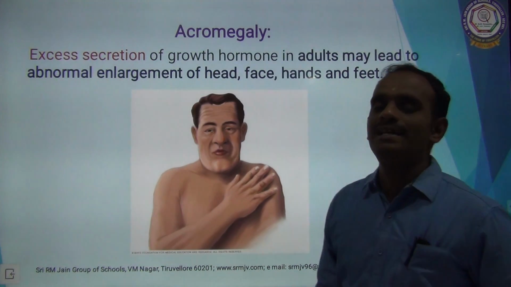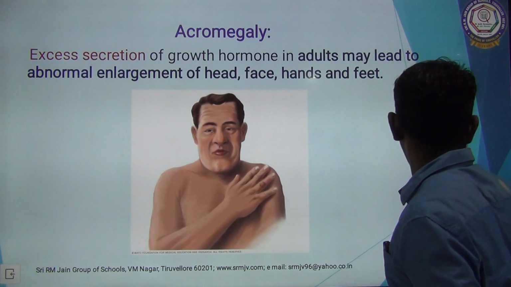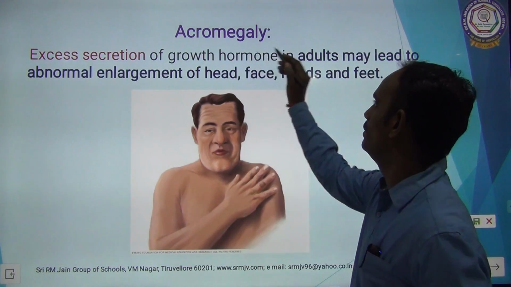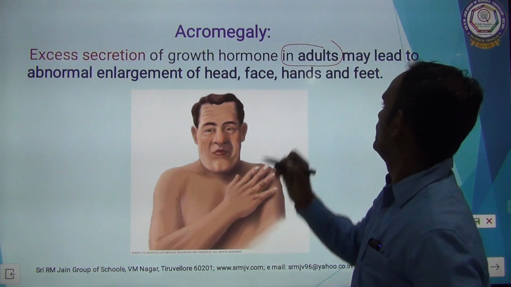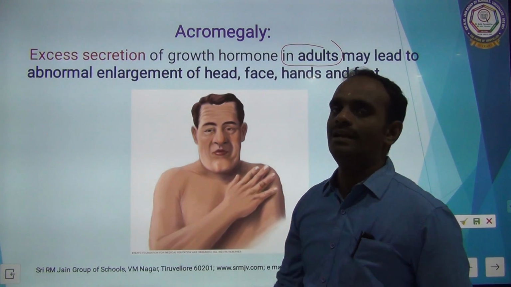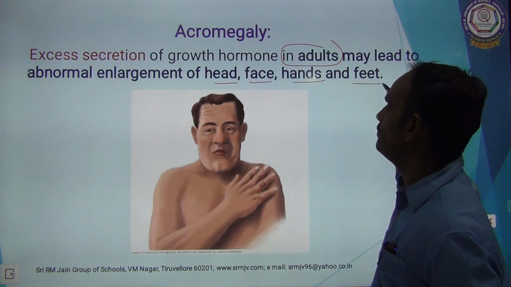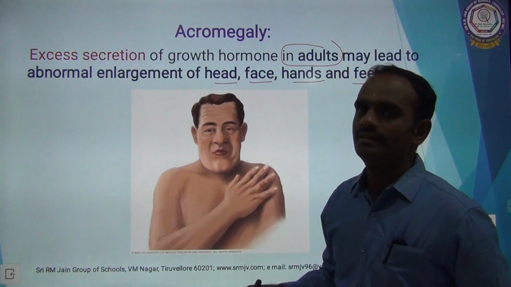The third one is acromegaly. Excess secretion of growth hormone in adults may lead to abnormal enlargement of head, face, hands and feet. See the picture here.